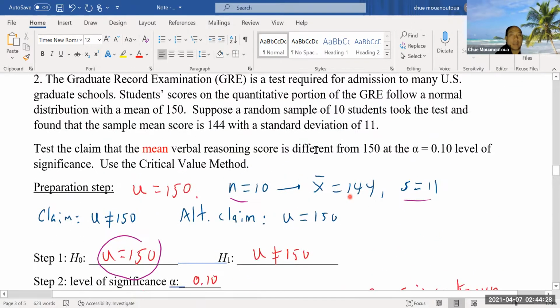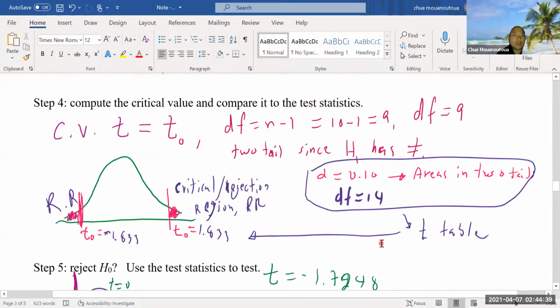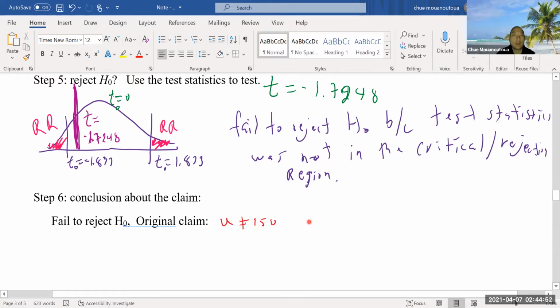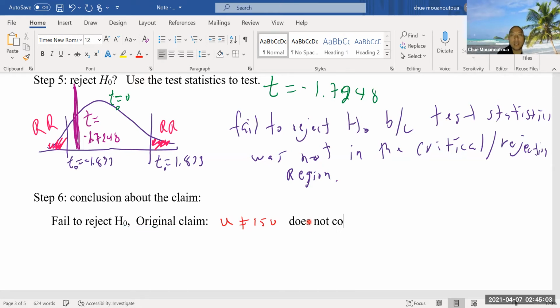The claim says different. Different means that it's not equal, so this claim does not contain equality.